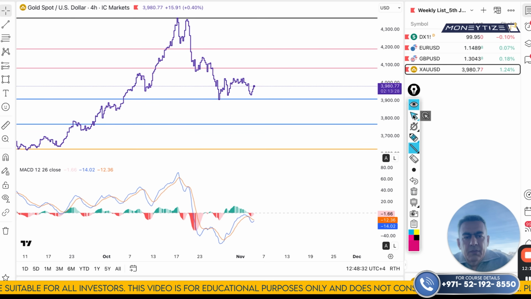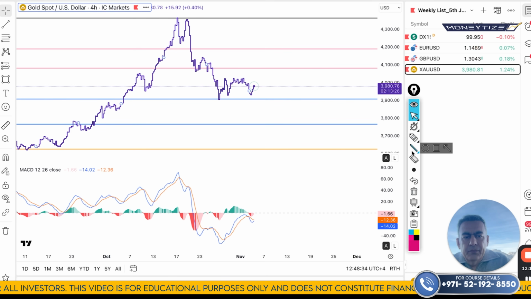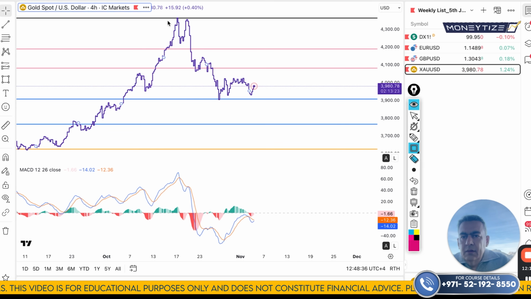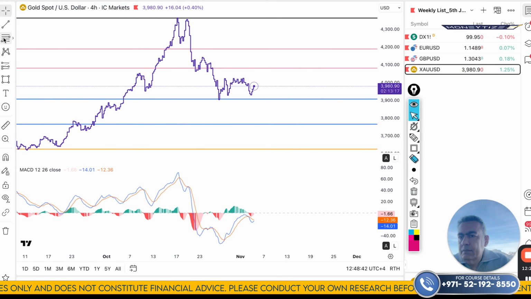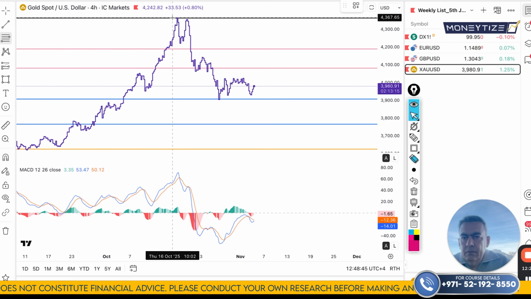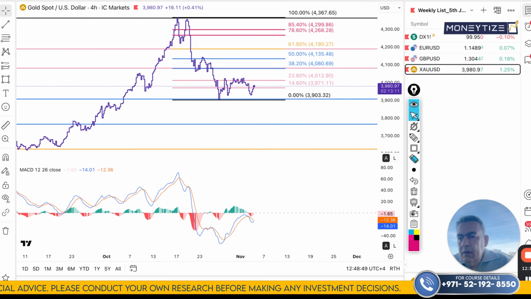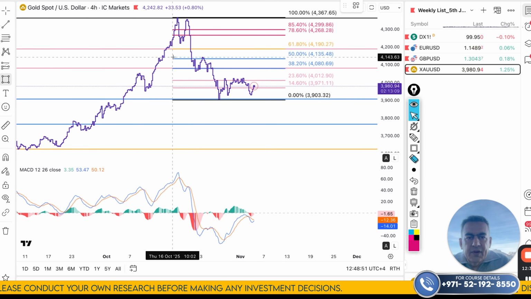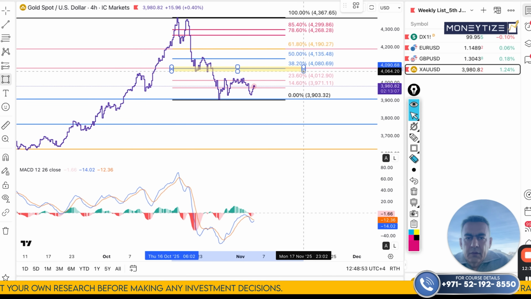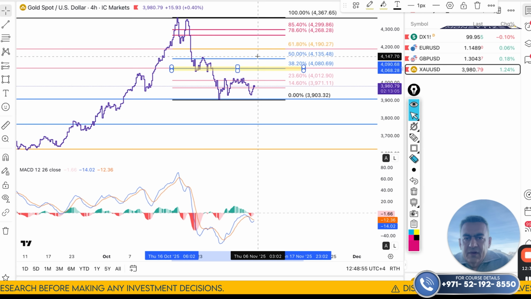So I'm going to apply Fib retracement now from the recent highest to the lowest point. I can see a confluence here. I can see magnet is at 4080. So this is the major resistance level.